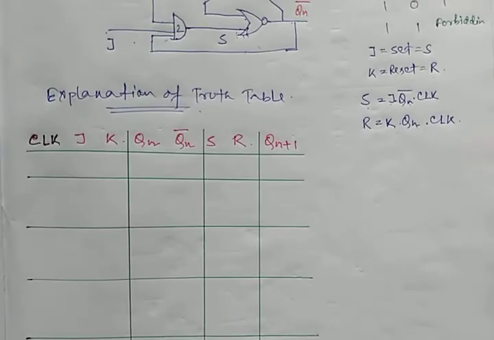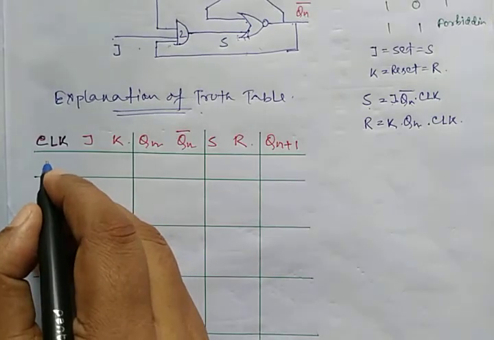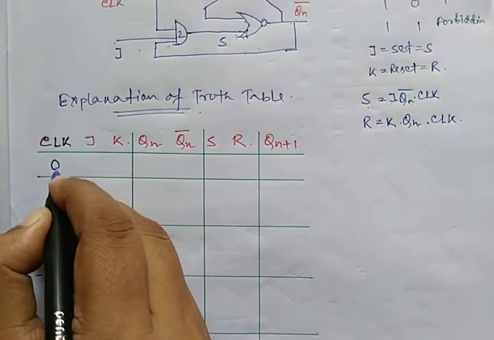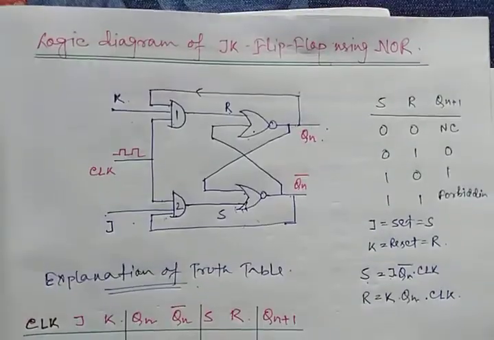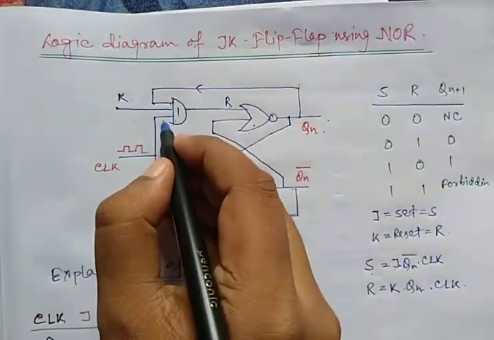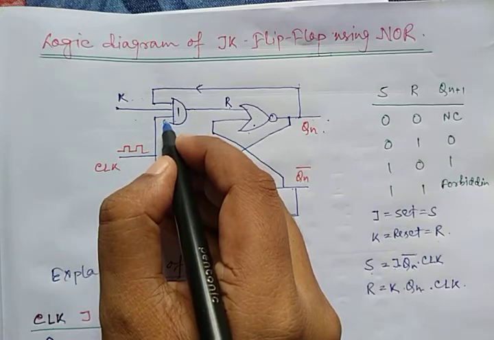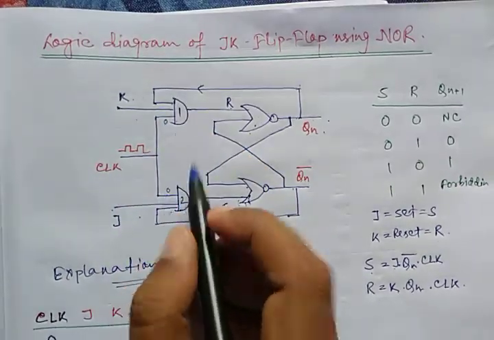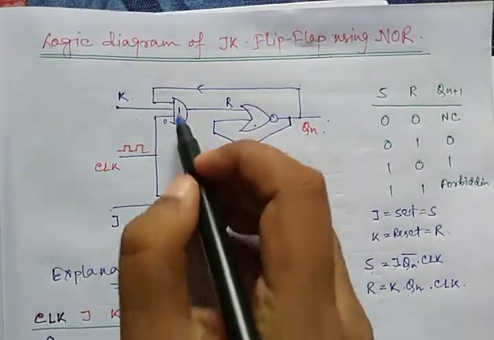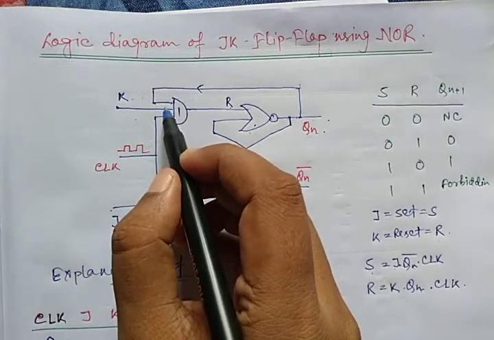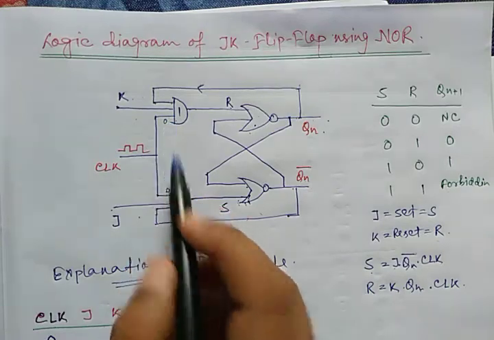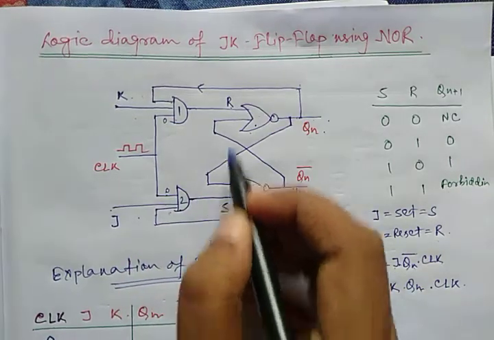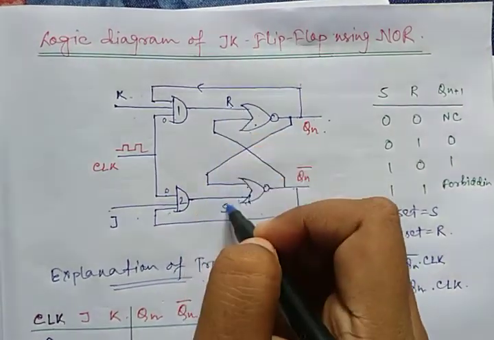In the first condition, when clock is 0, as when there is no clock signal, that means this gate's value is 0, this gate's value is 0, and as this is an AND gate, whatever be the value of J, K, Qn, Qn bar, as one gate input is 0, obviously S and R both values are 0.